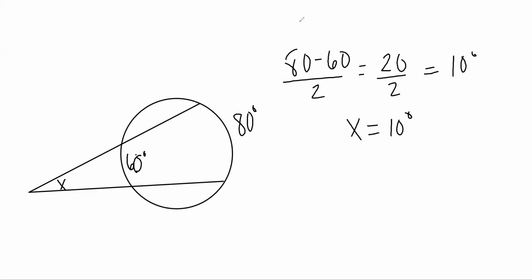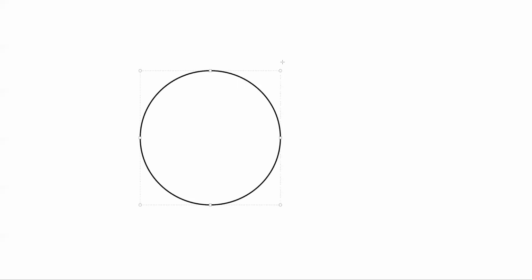Now what if we had something like this? So now I have this intersection point inside my circles.